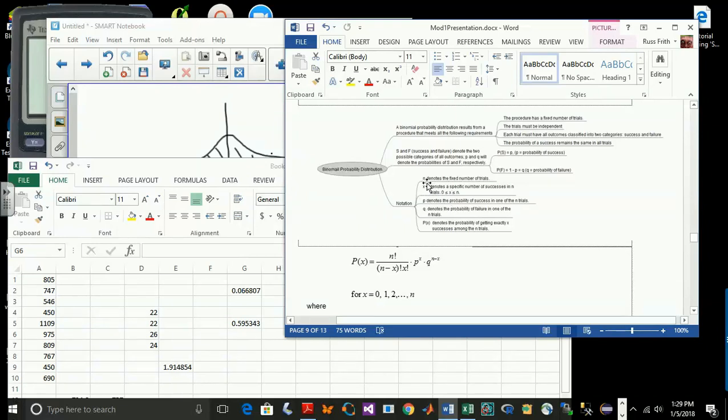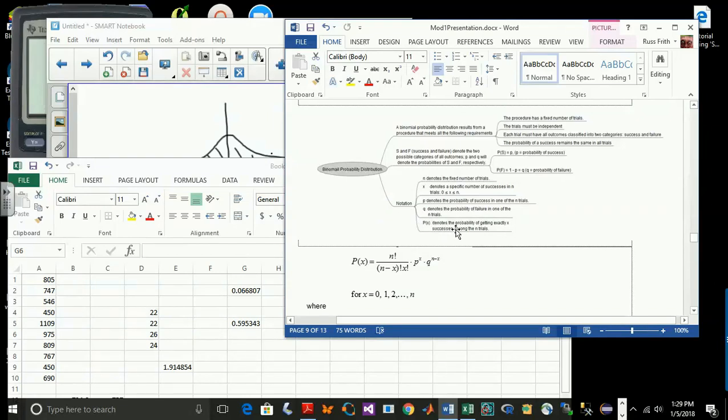N denotes the fixed number of trials, such as a number of coin tosses. X denotes a specific number of successes in N trials. Note that X has to be between 0 and N. Q denotes the probability of failure in one of the N trials. Q is also equal to 1 minus P.